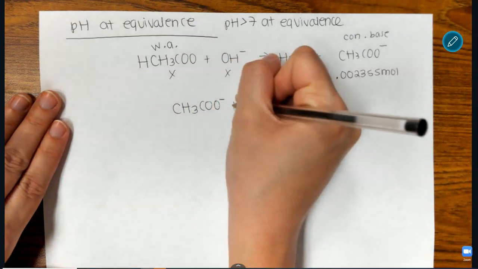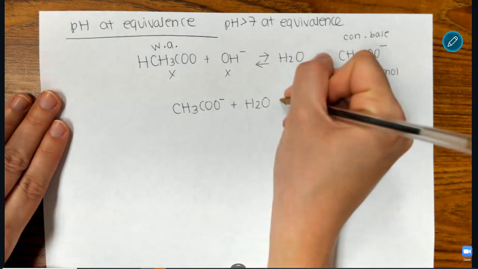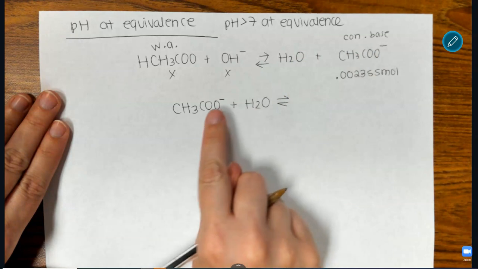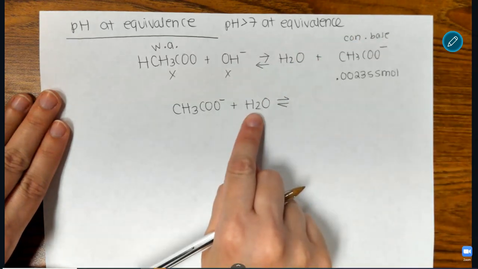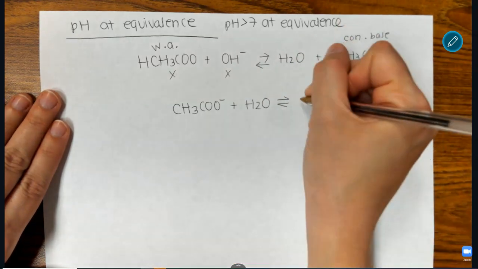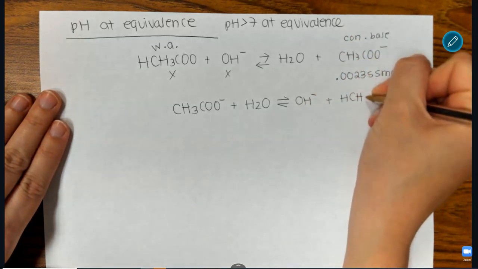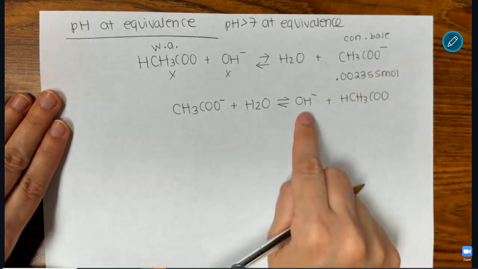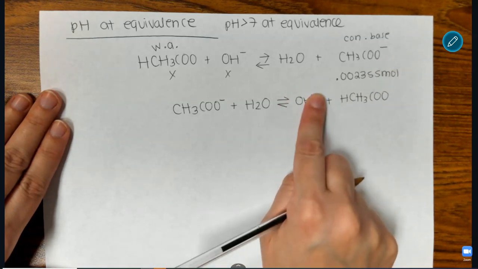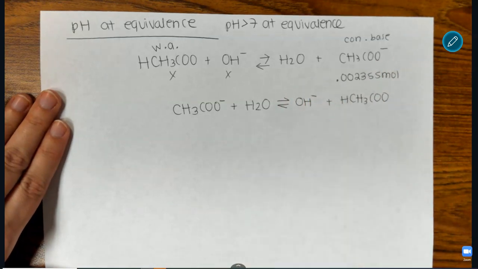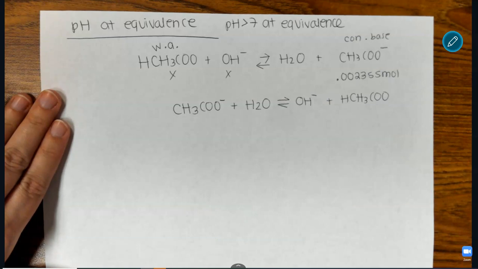This conjugate base will react with water and be a base. And when it's a base, it takes a hydrogen ion. So it forms OH and an acetic acid molecule. But by forming OH, it has driven the pH up. Because even like 1 drop of hydroxide will shoot up the pH above 7 if it was neutral.